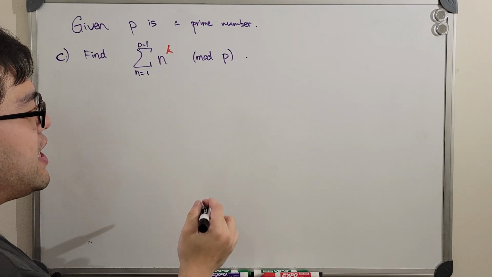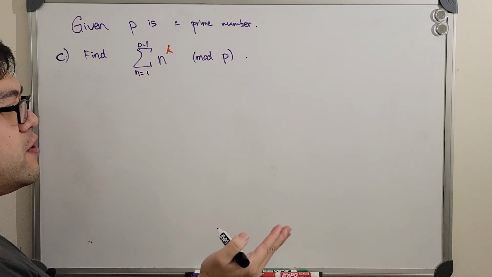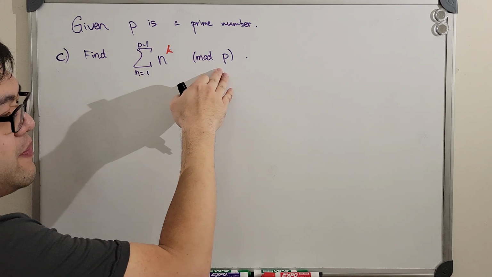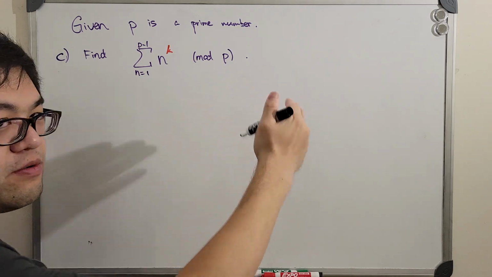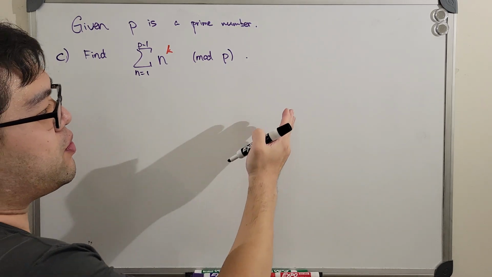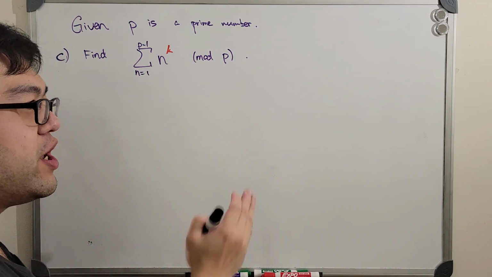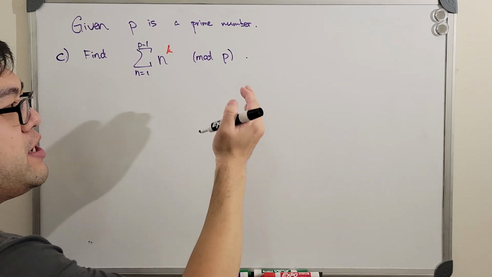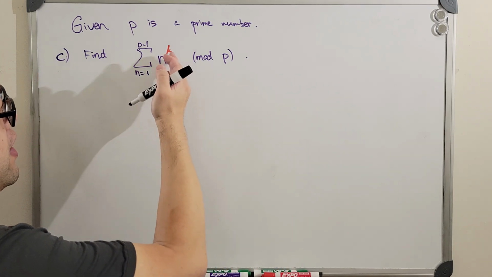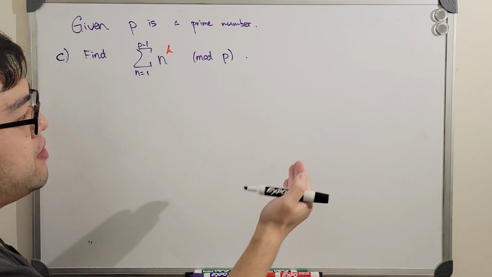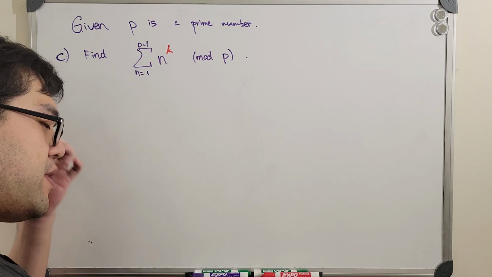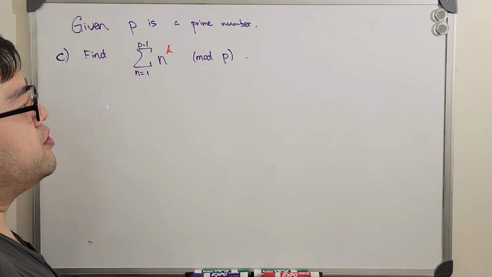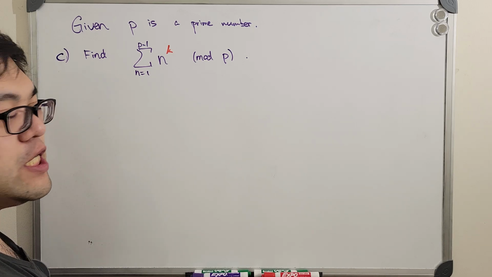We can see that for the first finitely many prime numbers, they might end up with different results. Just like when k is equal to 1, the first prime number is not going to be equal to 0. And when k is equal to 2, the first two primes will not give us 0 after we divide by p, okay?